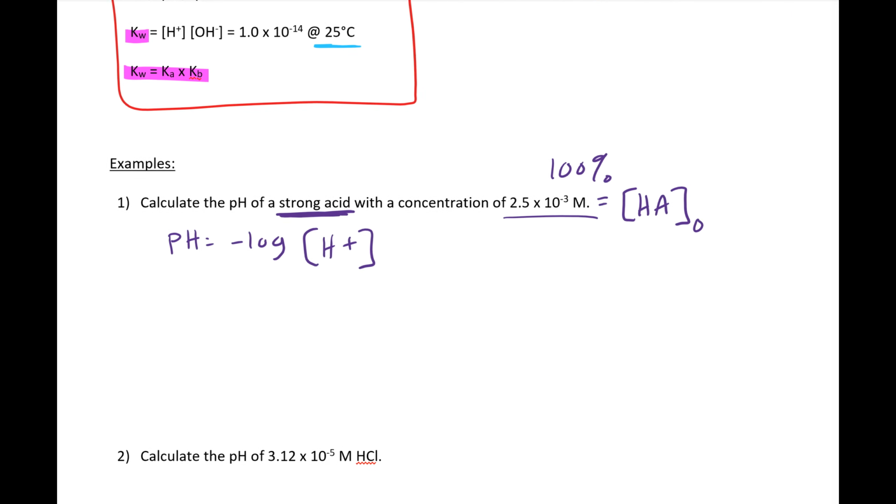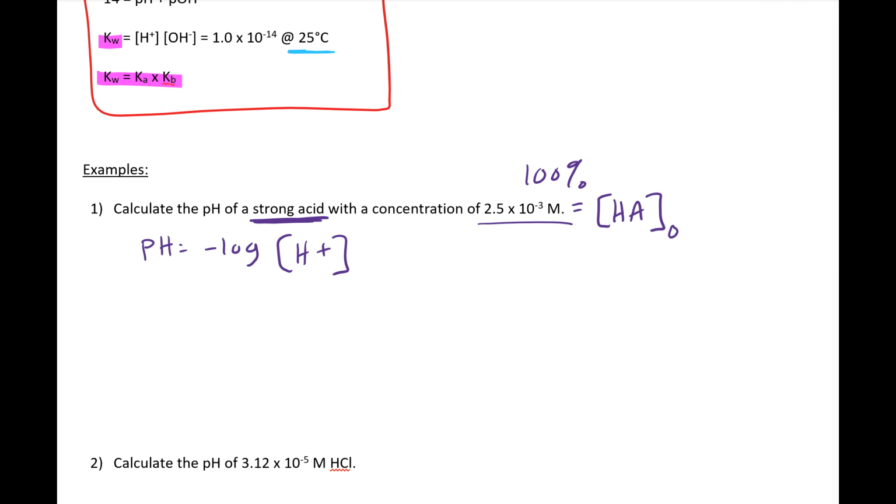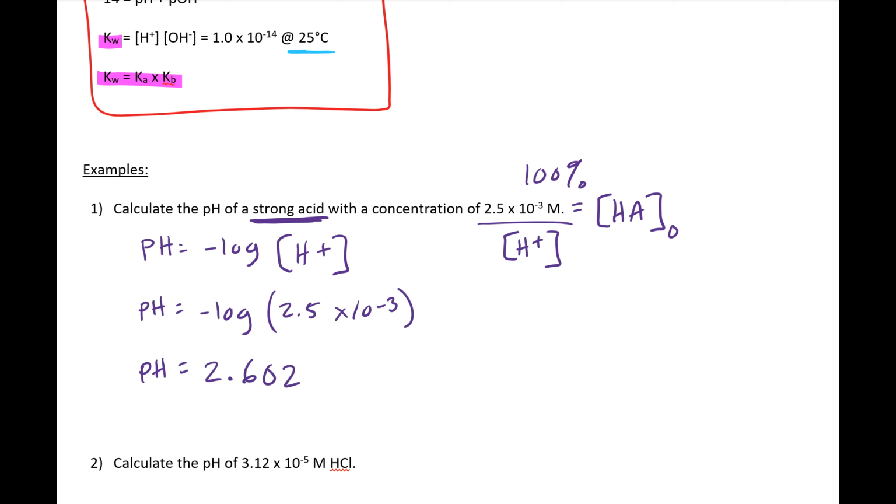We're going to use that to solve this problem. If the concentration of the strong acid is 2.5 times 10 to the negative 3, then that also means that is the concentration of H plus. So this becomes a plug and chug. You're going to take the negative log of 2.5 times 10 to the negative third. So pH is equal to 2.602. And a word about sig figs in pH calculations.